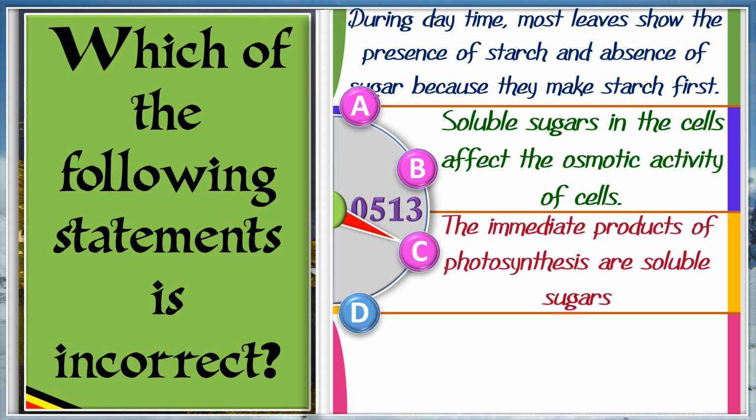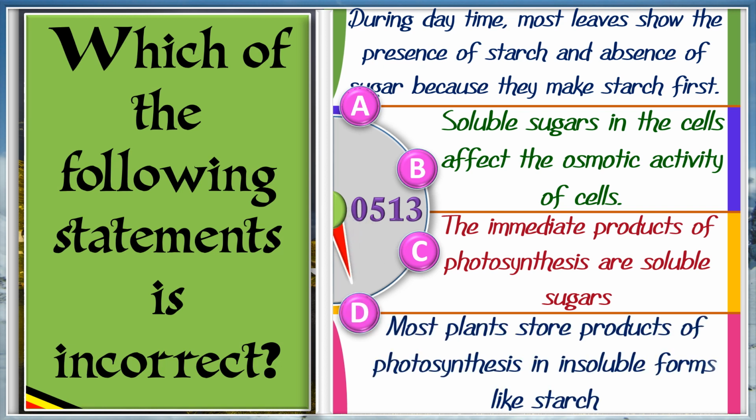C. The immediate products of photosynthesis are soluble sugars. D. Most plants store products of photosynthesis in insoluble form like starch.